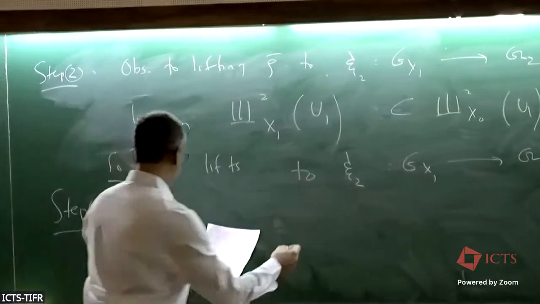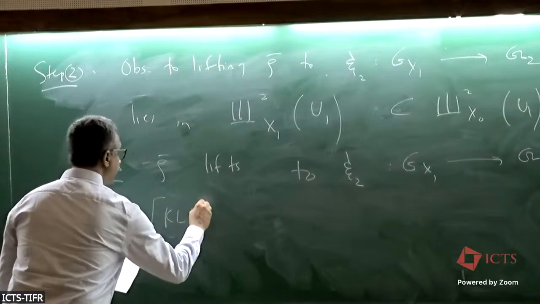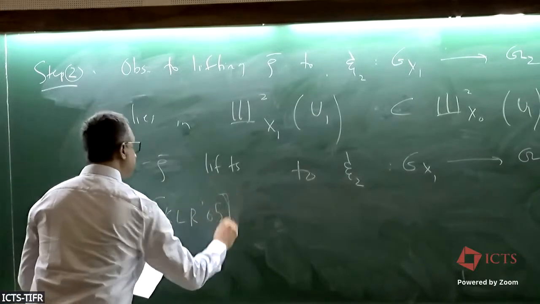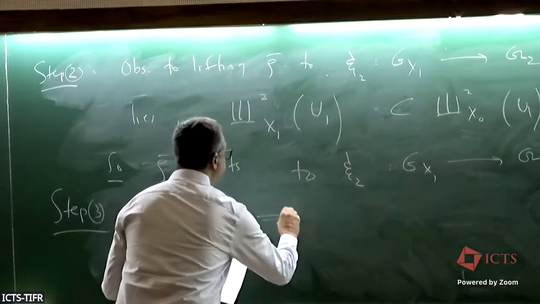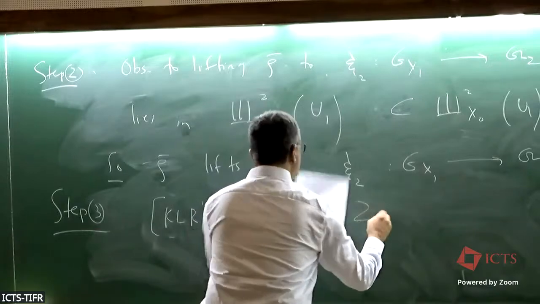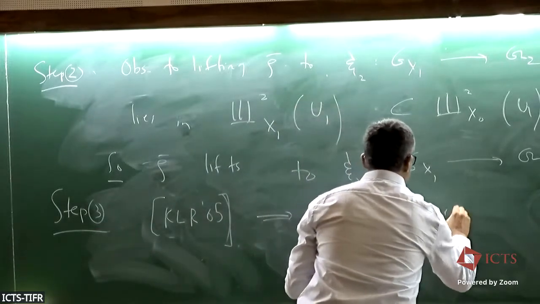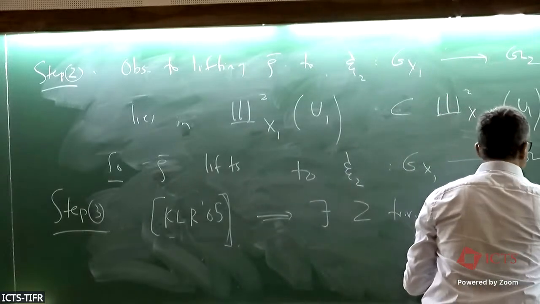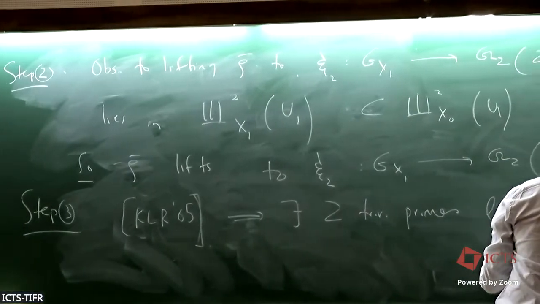Okay, so this is also in HR 08, but the idea goes back to KLR, Hare, Larson, Ramakrishna. So this says that there are two more primes L belonging to capital Z, that is by definition those two primes.